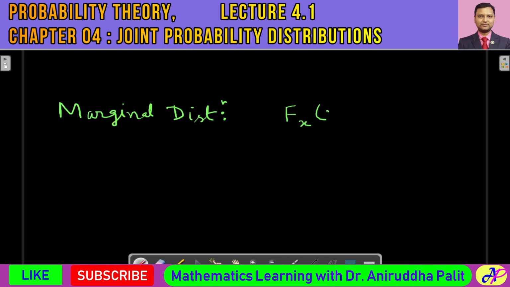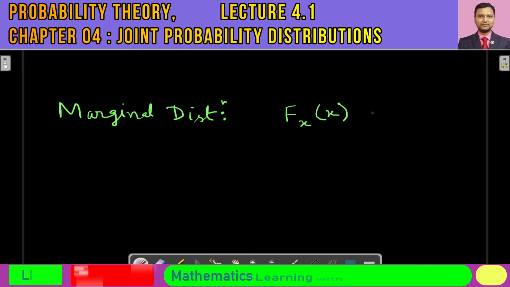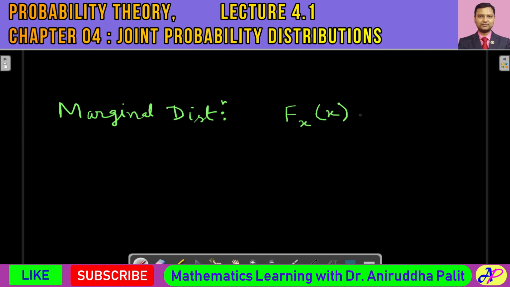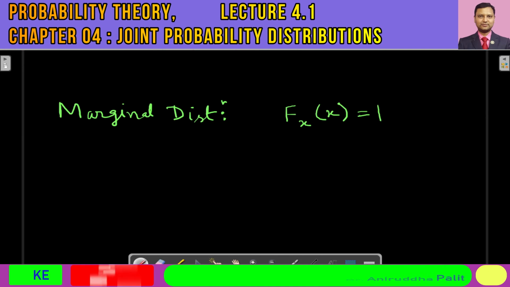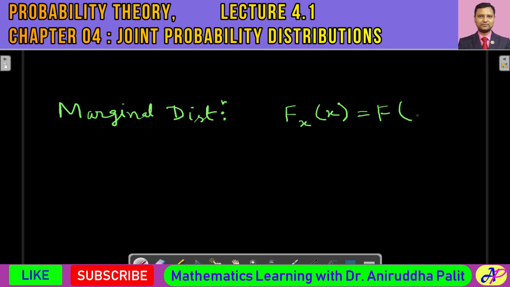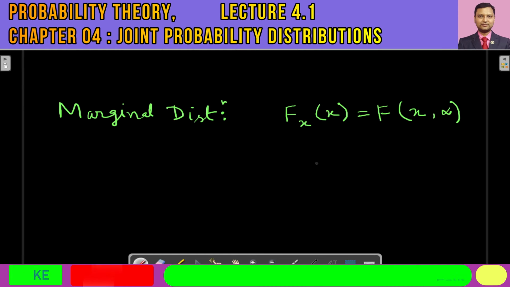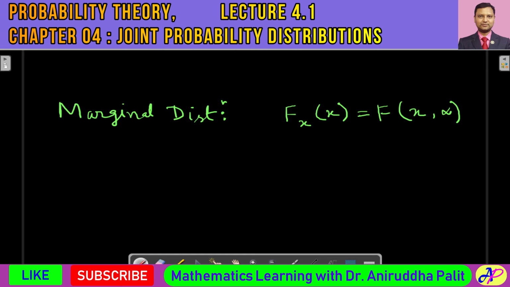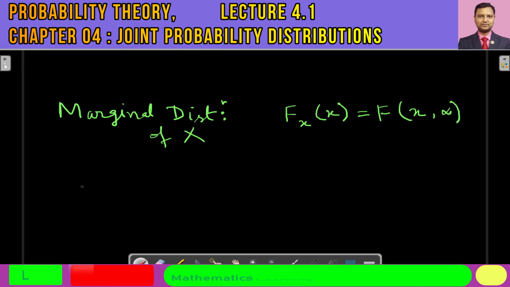The definition is that f suffix x of x is equal to the quantity f of x comma infinity. So this gives us the marginal distribution. And why marginal? Because it is obtained from the distribution of a two-dimensional random variable. Similarly, this is called the marginal distribution of the random variable x.